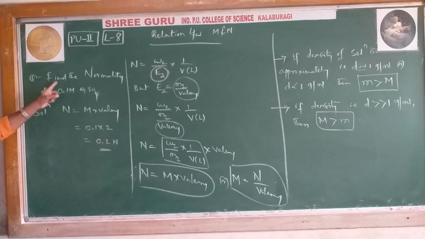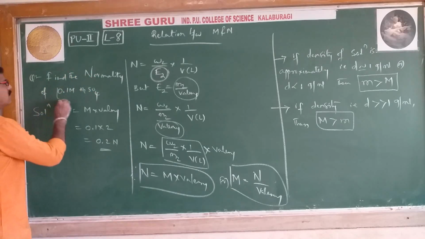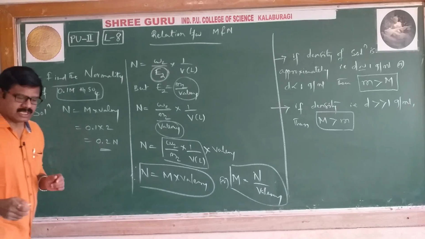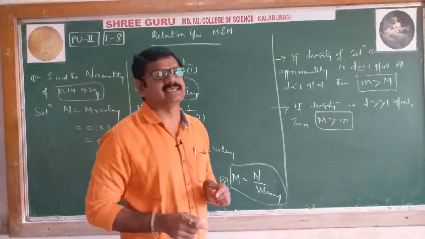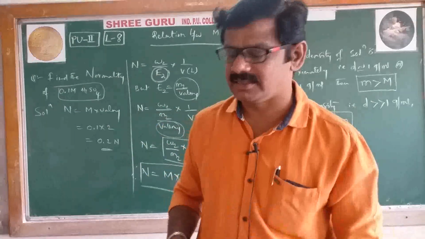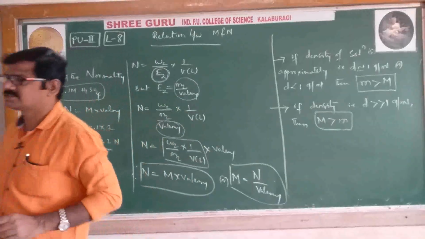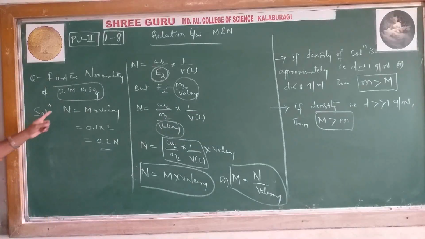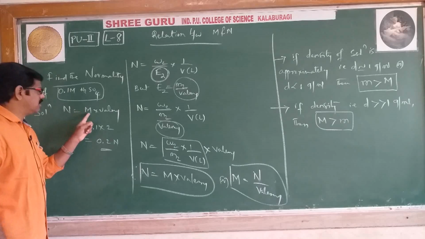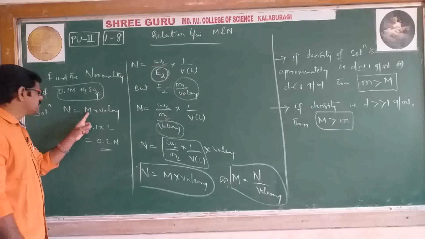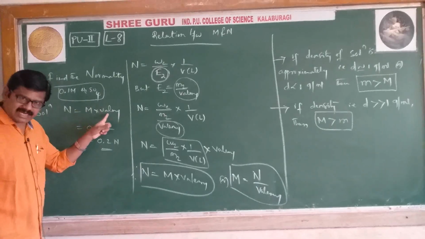Find the normality of 0.1 molar sulfuric acid. Here molarity is given and normality is asked. How to calculate? We'll write its formula first of all. Normality is equal to molarity into valency. Molarity is 0.1.